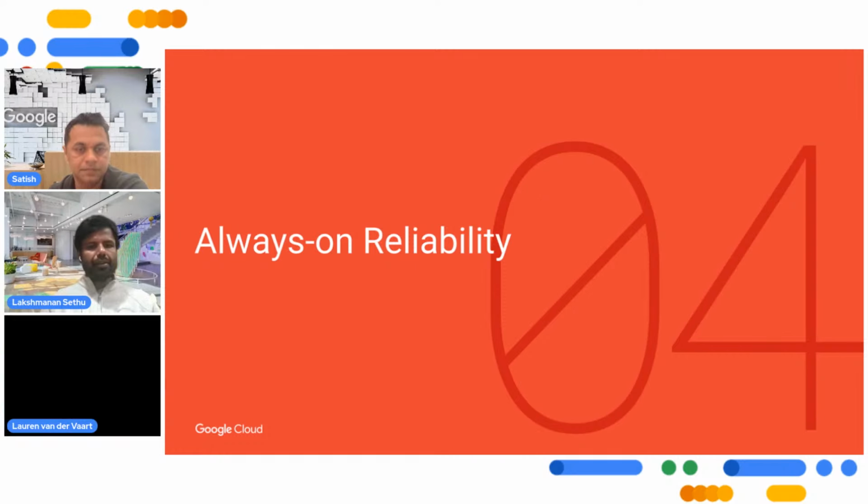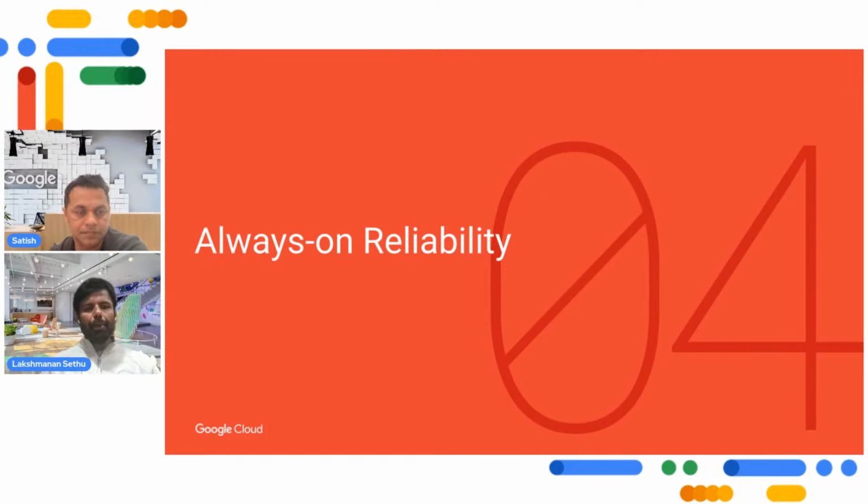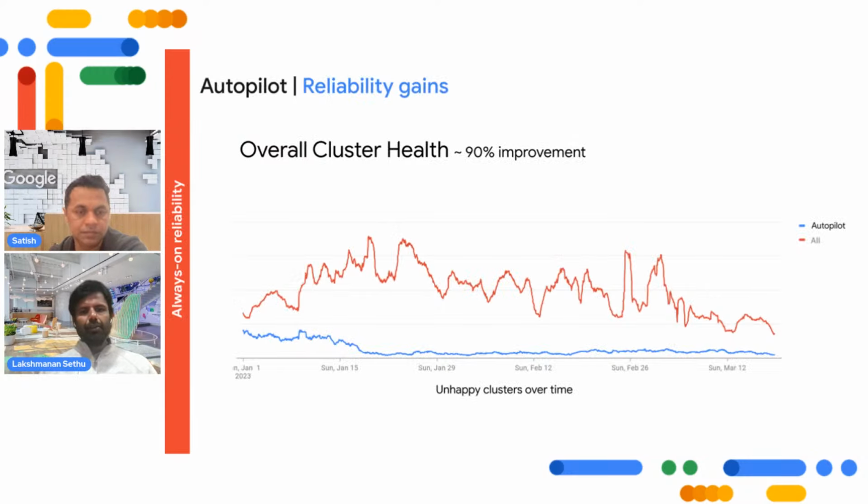There is a study on reliability, comparing customers using standard Kubernetes versus Autopilot. Here is the graph which shows the difference in the overall cluster health. For example, the one in blue is Autopilot.